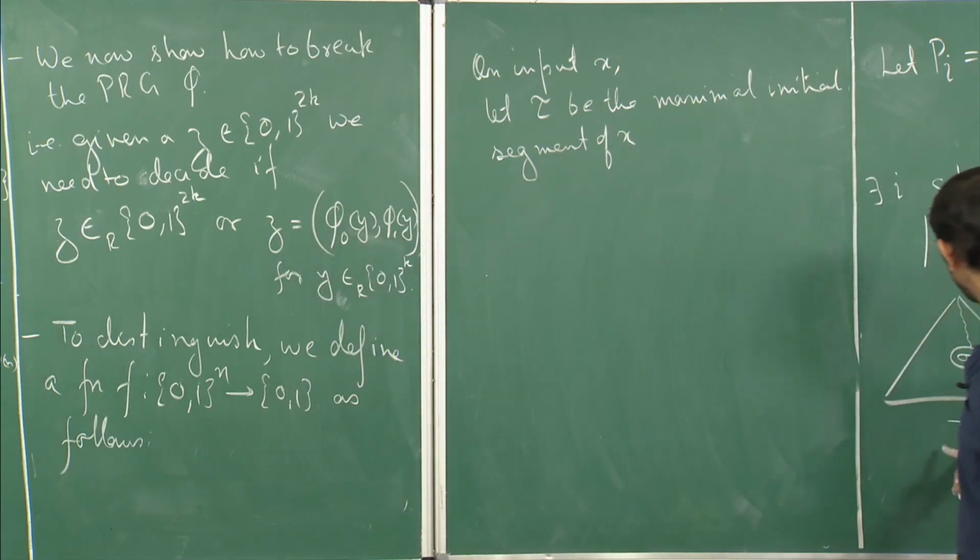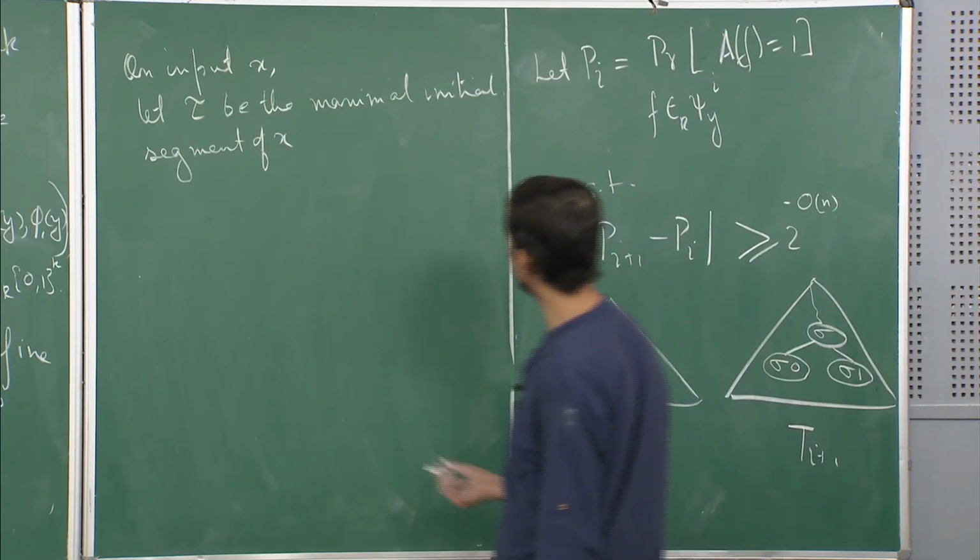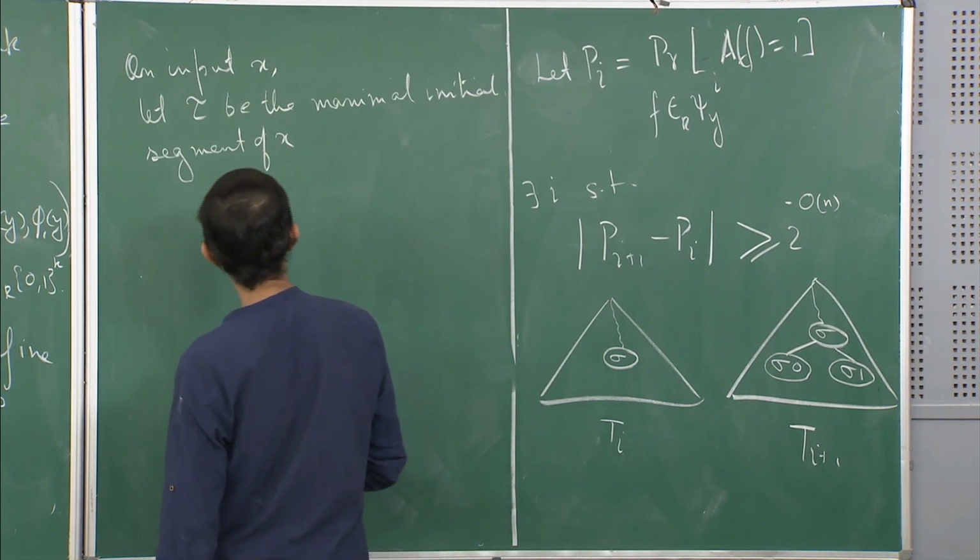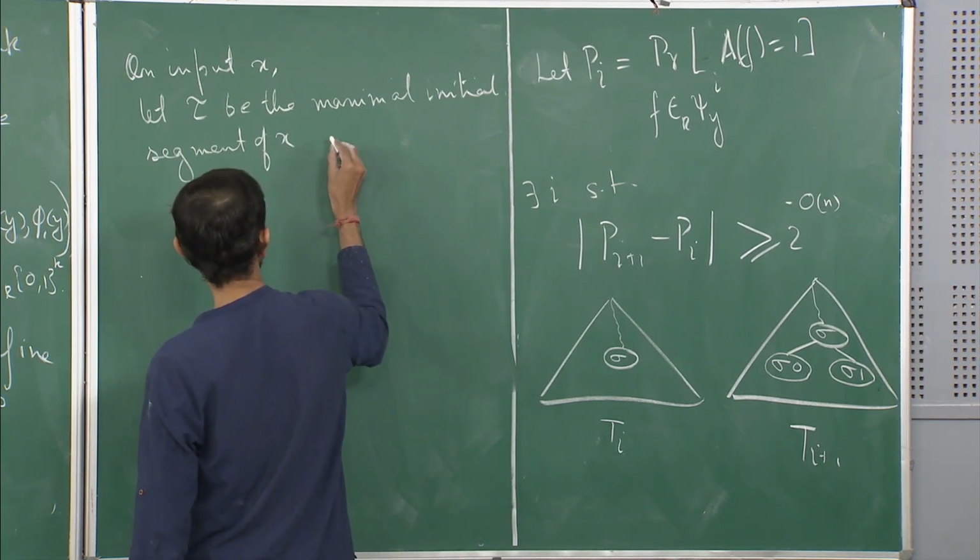Okay, so I look at the tree ti, and whatever x is doing, let tau be the maximal initial segment of x.